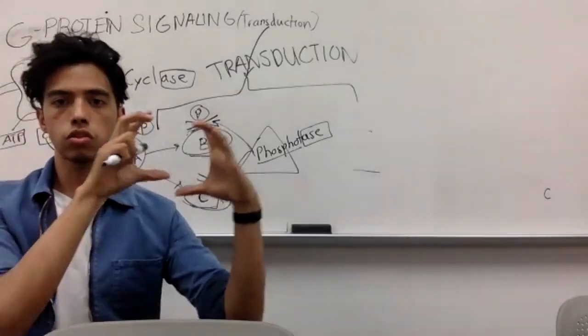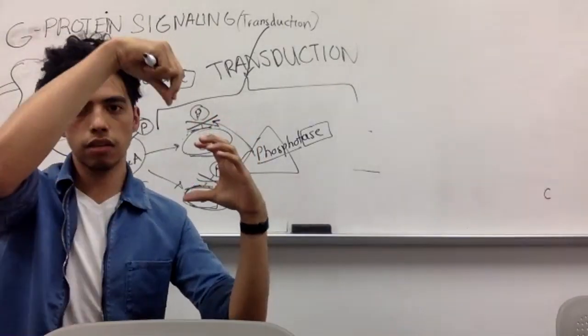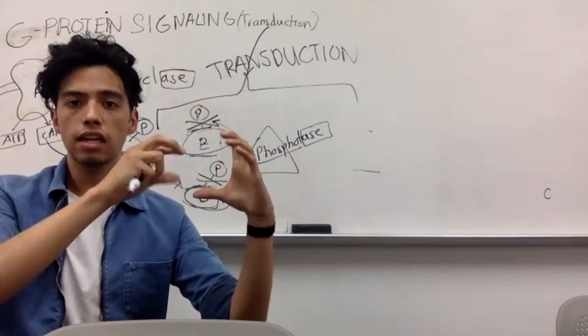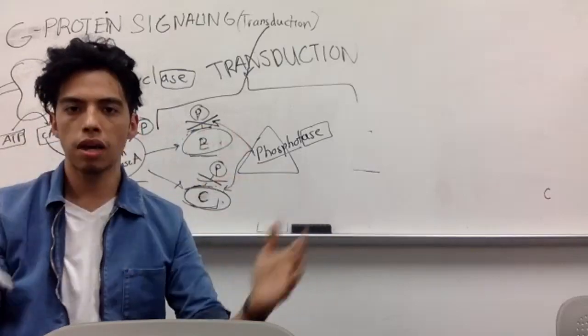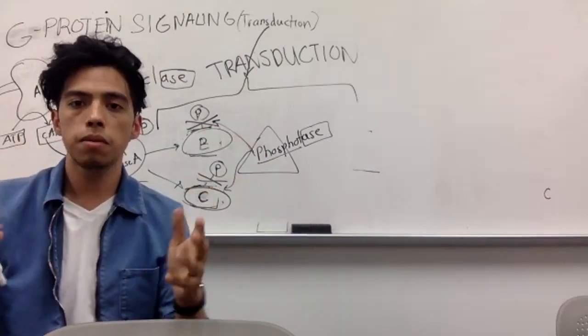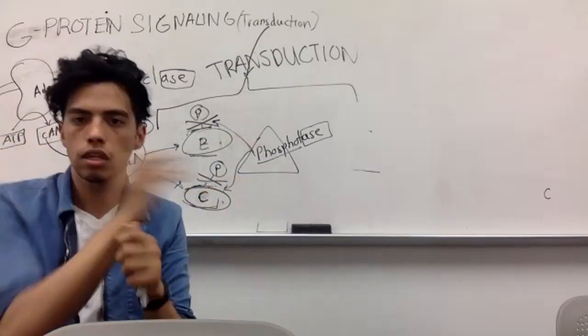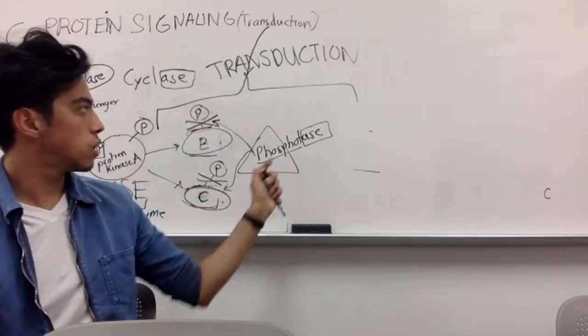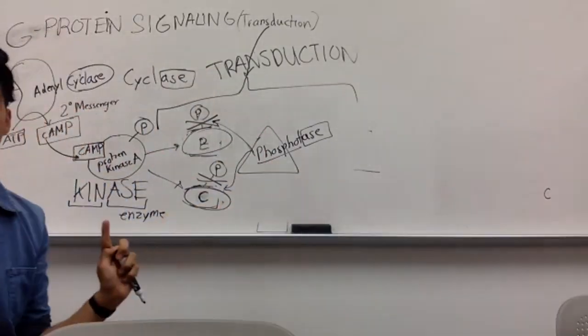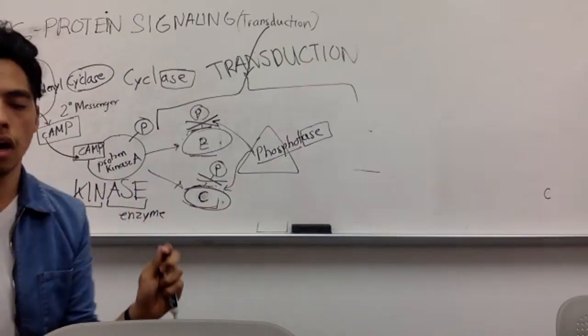And it's going to go from being activated, because it has that phosphate group attached, to being deactivated by taking off that phosphate. And so it goes back to its regular form, back to resting, which is important because you don't want the signal to just keep on going and going and going, like I said before. So that's the role of phosphatase. That's the role of kinase, okay?